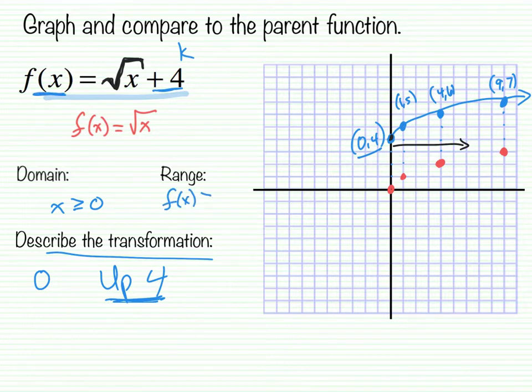In this case, it's greater than or equal to 4, because from that coordinate, y goes only up from 4, and it's a closed circle here, so it includes 4. You don't need to draw these arrows in if you don't want to, because that might make your graph look more confusing. Just have the one graph there. And that's that function, and I've compared it to the parent function by describing the transformation.